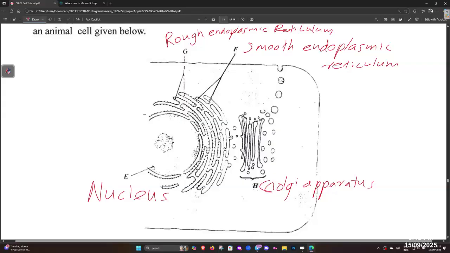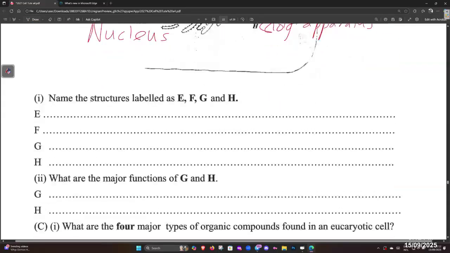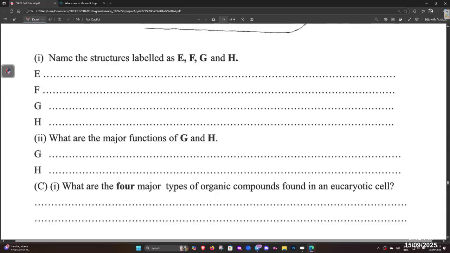So that's your A-level task: name the structures labeled as E, F, G, H. What are the major functions of G and H? G is RER. H is Golgi. For RER functions, you can mention: transport of proteins synthesized by bound ribosomes, production of transport vesicles, synthesizing glycoproteins.